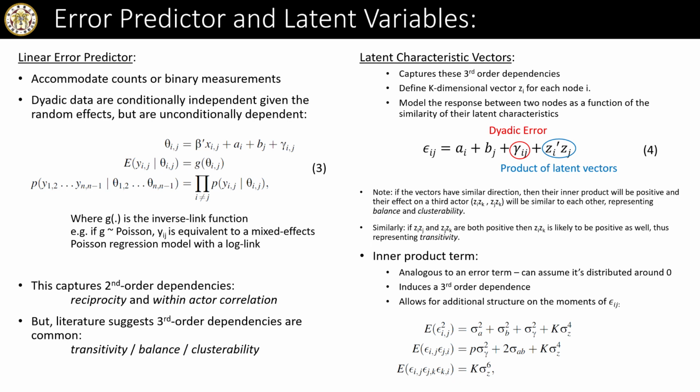And so we see here this theta becomes our parameter vector, which is beta x i j, plus the error terms, components of the random effects that we discussed earlier. And then the function g is our inverse link function, so that maps our parameters theta onto our observed outcome y.